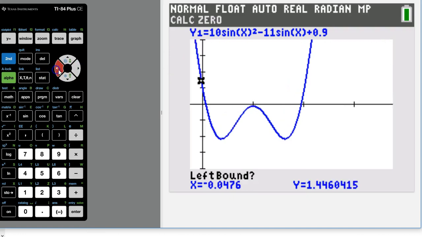And the first place I want to find is that place right here. So that's a good place. Hit enter. Now your right bound, make sure you're to the right of that place. Hit enter. And then guess. Anywhere close is good. So that'll be fine. And to the nearest 100th, 0.09.